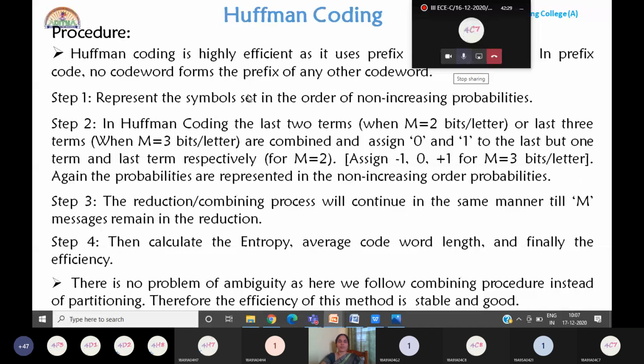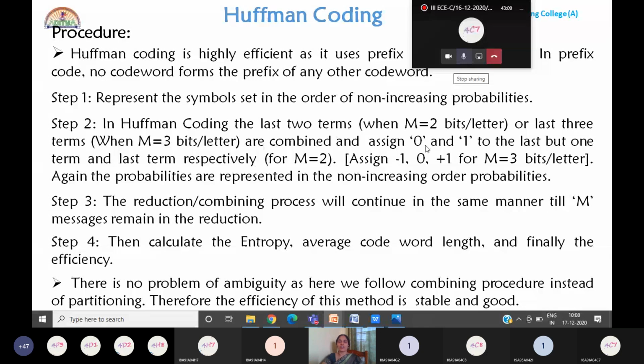Please remember, first step is represent the symbol set in the non-increasing probability. This is the same as Shannon-Fano. And second step is last m terms are combined. M probabilities are combined, and if for example m is 2, we'll assign 0 to the last but one term and 1 to the last term. And once again, after assigning, these probabilities are represented in the non-increasing order along with this newly added value.